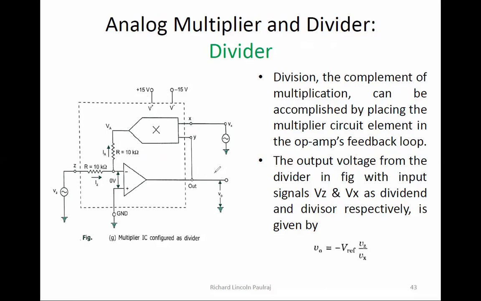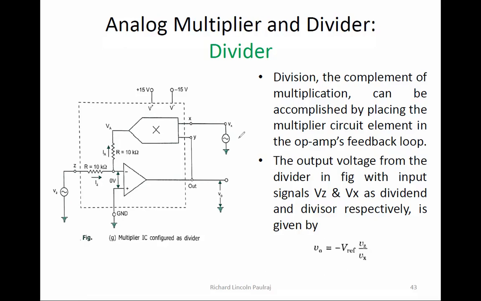I'm going to take part of the output and give it to the Y terminal. Remember, it has two terminals, Vx and Vy. To the Y terminal I give the feedback, and to X I usually give the normal inputs. It could be a sine wave, just like how we did the squaring operation. Yeah, the same thing.